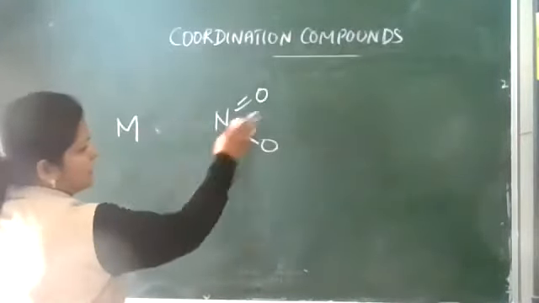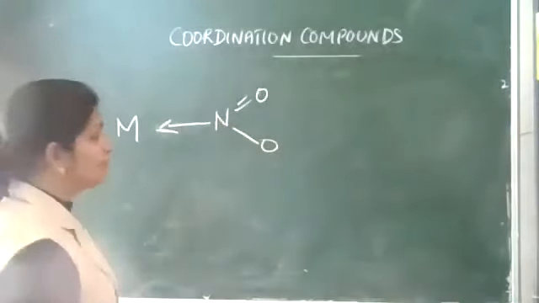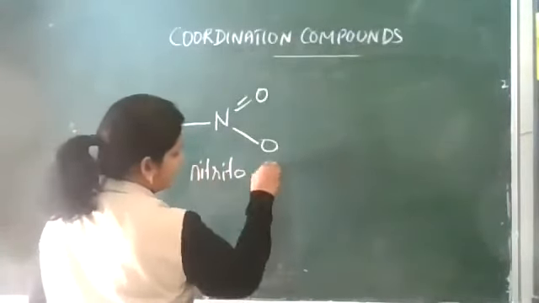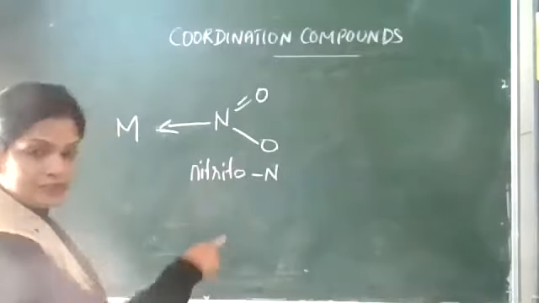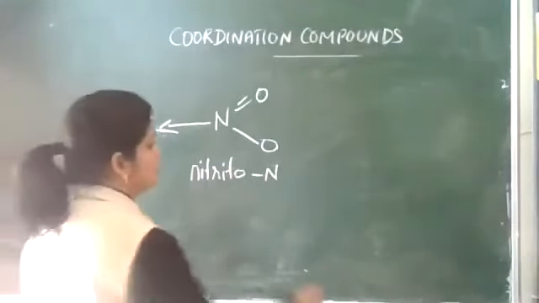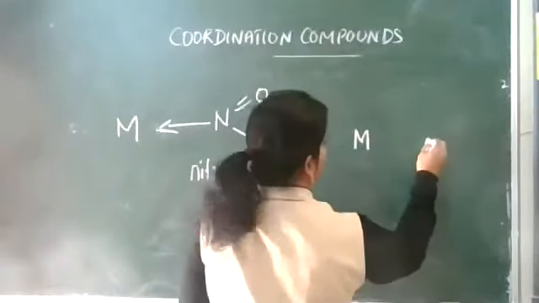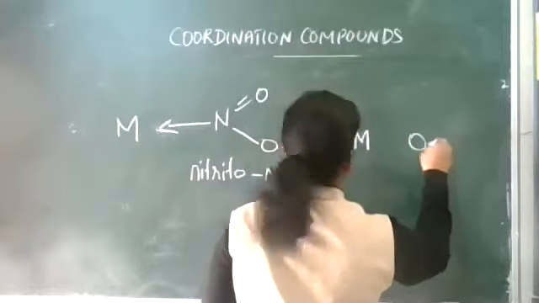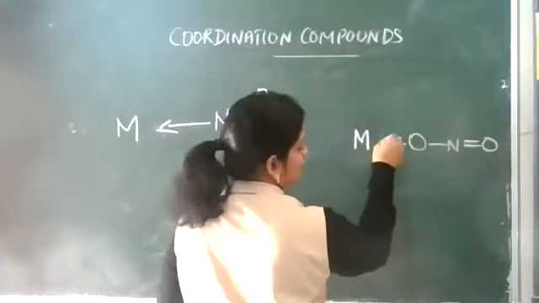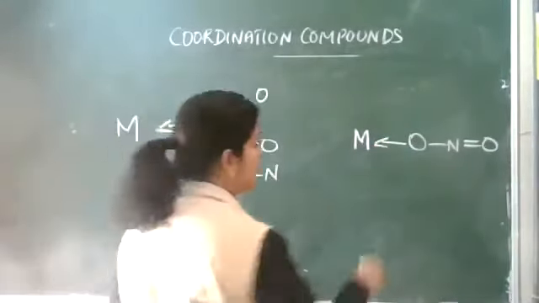So this NO2 can donate from the nitrogen side, then we call it nitrito-N. Nitrito-N means N is the donor site. Or if oxygen is donating to the central metal atom, that is O-N-O, this oxygen's lone pair is donated, then we call it nitrito-O.